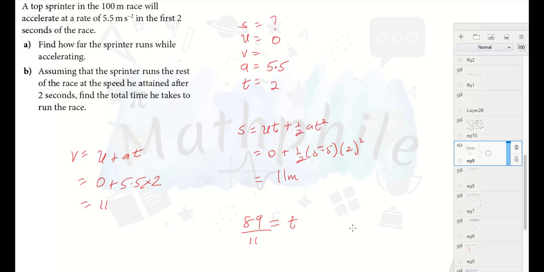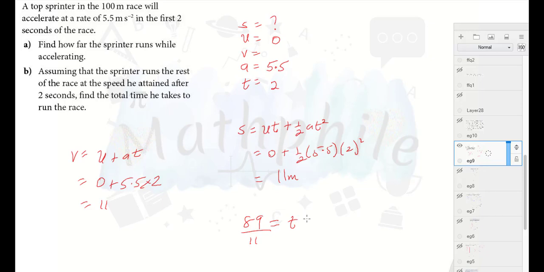Let's take the question again. Assuming the sprinter runs the rest of the race after 2 seconds, find the total time taken to run the race. Yes, Kelvin. I said Kelvin, I'm so messed up today. Derek, you got 8.09. That is very good.